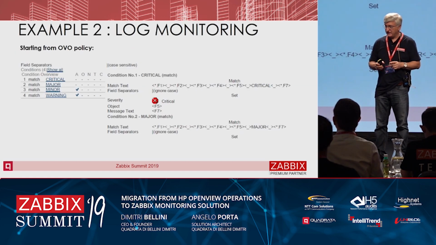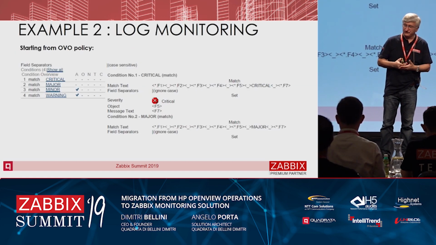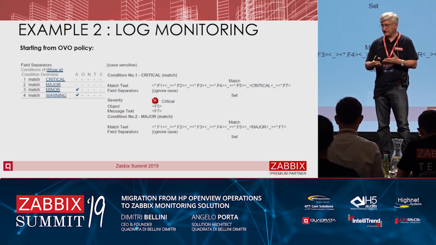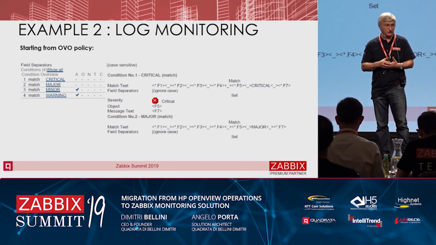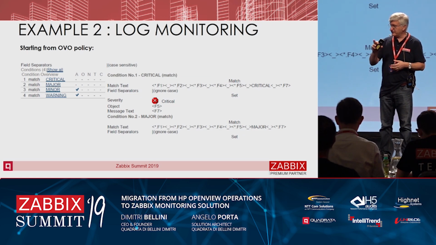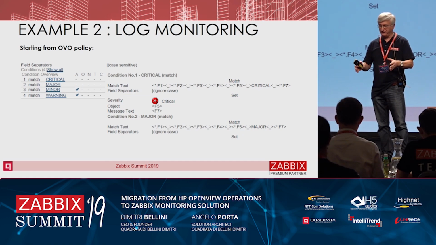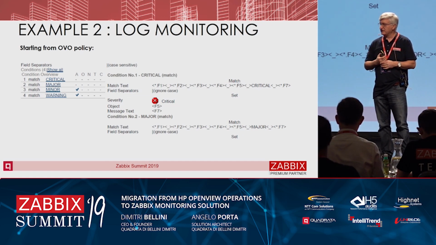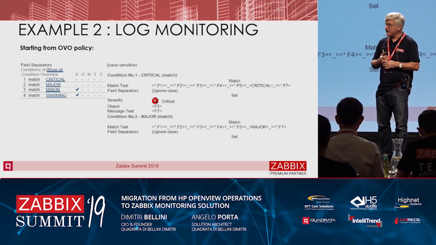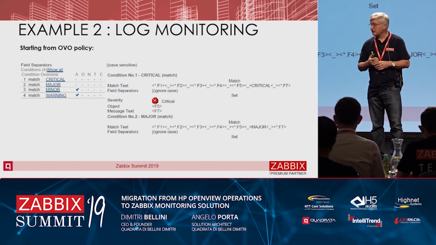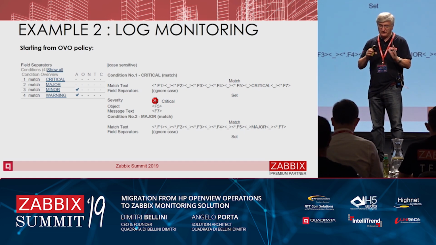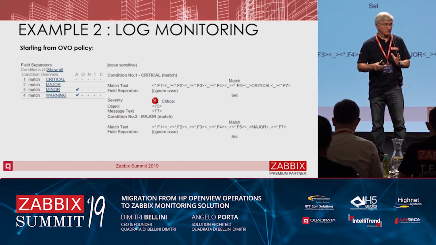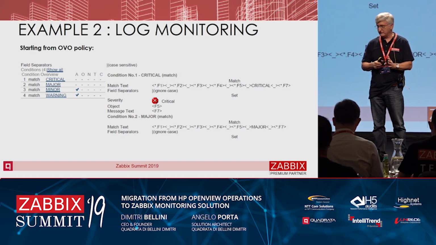Second example is log monitoring. Log monitoring is straightforward because there is no script at the agent level. This is part of the policy, which you can see on your screen. As you can see, the policy has a condition, critical, and a match text, which is the form inside HP OpenView to handle this.